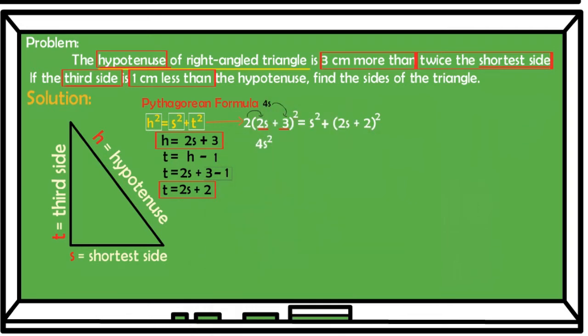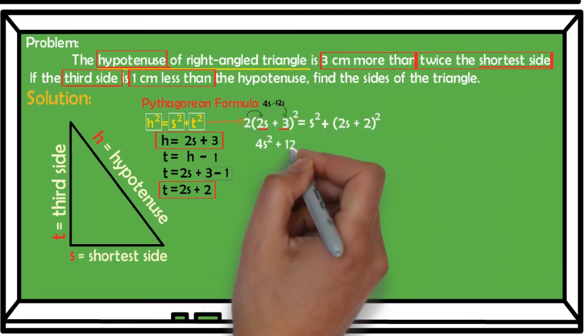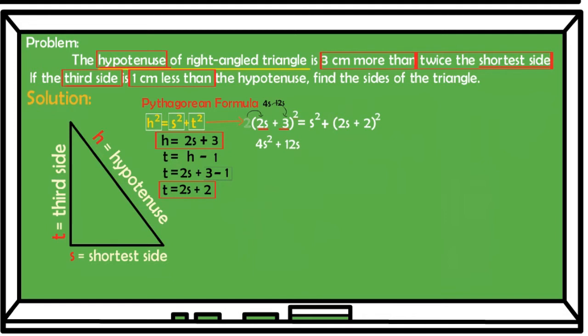Then 4s times 3, the answer is 12s. So just write down 12s as the middle term. Next, to get the constant term, simply take the square of the last term, that is 3 times 3, we have 9.